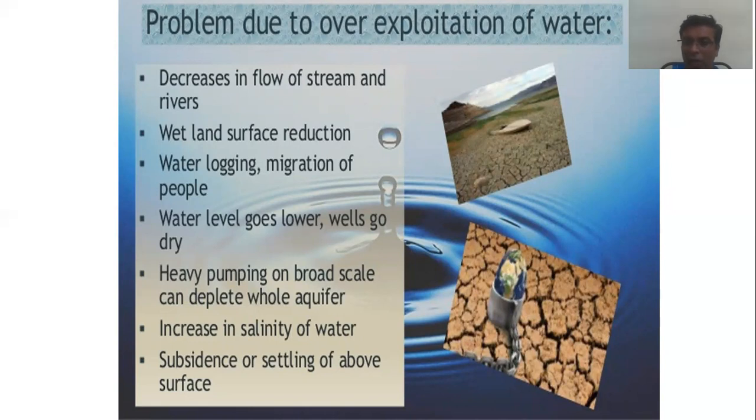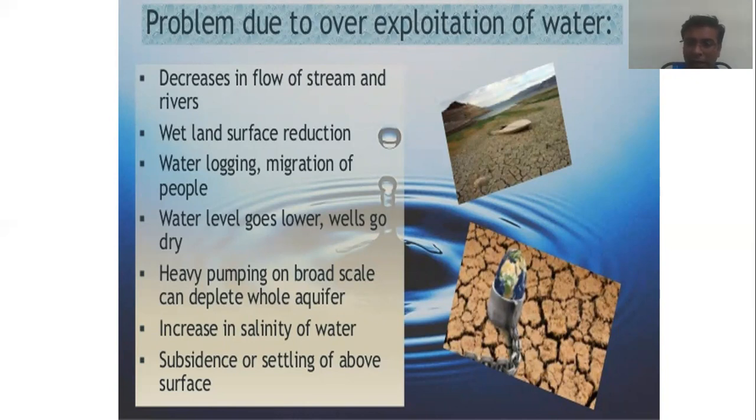Second one, intrusion of salt water. In the coastal areas, if you are continuously using borewells, that is, using groundwater, after some time the groundwater level is decreasing. In the coastal areas, when compared with the groundwater level, the sea water level is a little bit high.